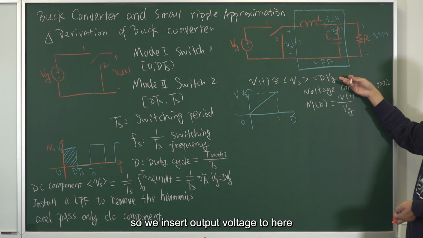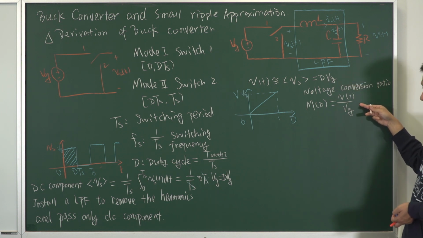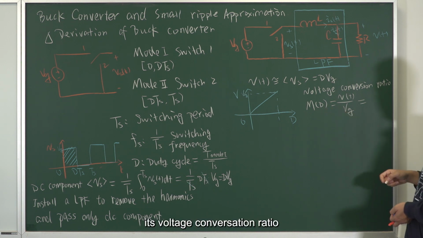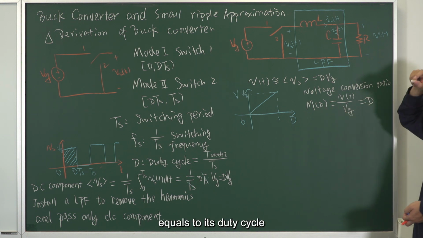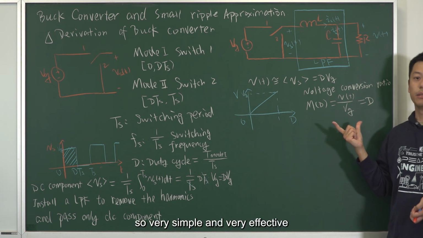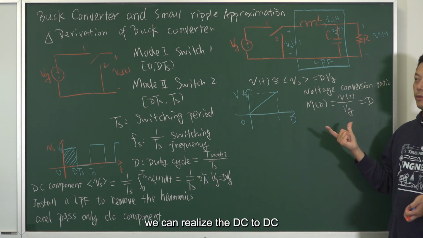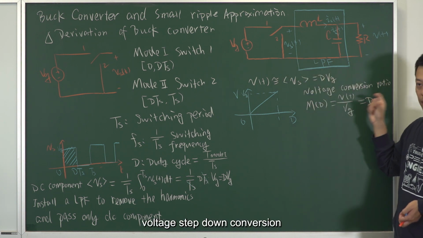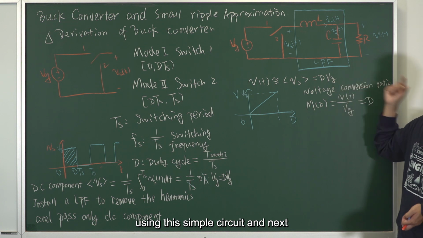So we insert the output voltage here. For the buck converter, its voltage conversion ratio equals its duty cycle. So very simple, right? Very effective. We can realize DC to DC voltage step-down conversion using this simple circuit.